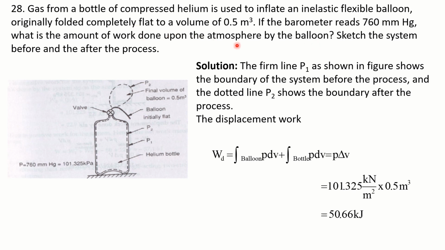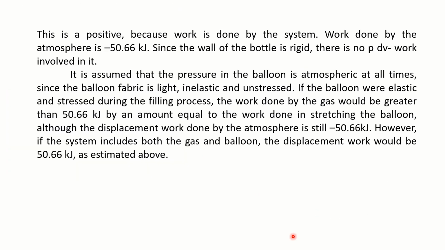Work is done by the system on its surroundings, so that's why you got a positive value. The other way, it is a minus value. This is positive because work is done by the system. Work done by the atmosphere, that is surroundings on the system, is minus 50.66 kilojoules.